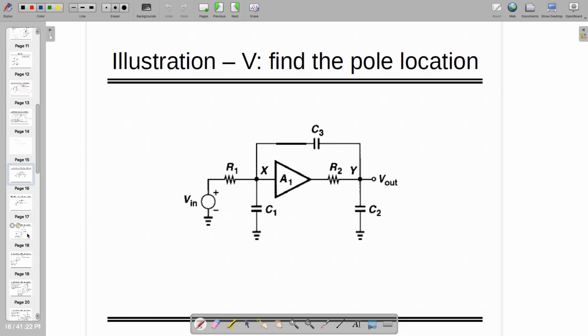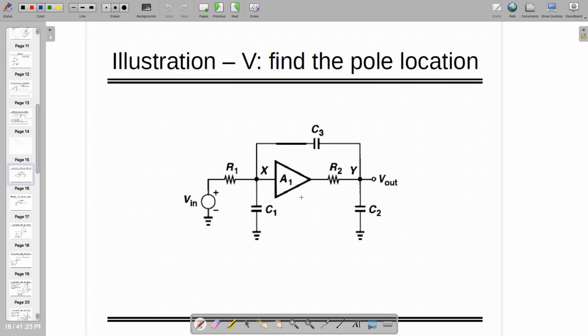So look, here you have three capacitors, but three capacitors does not mean that there are three poles. The reason is you need to find out the effective number of capacitances, and if such a capacitor or impedance is coming in between points called X and Y, you need to check: is there a gain from X to Y or not?